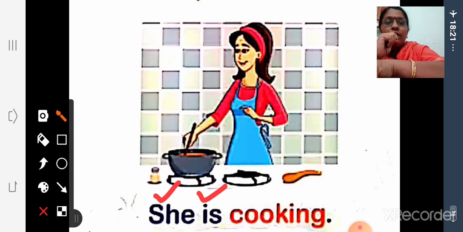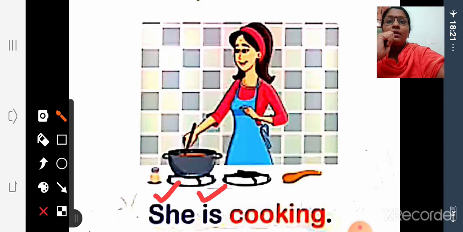She is cooking. So we add ing to an action verb to tell someone about an action that we can see happening at the time of speaking, present actions. For denoting present actions, we take this form.